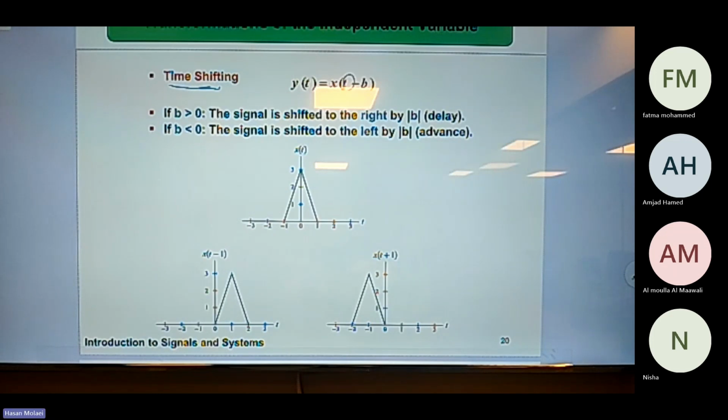If b is positive, we are moving it to the right. Like x(t minus 1), we are moving the shape 1 unit to the right. x(t plus 1), where b is negative, we move the shape 1 unit to the left.